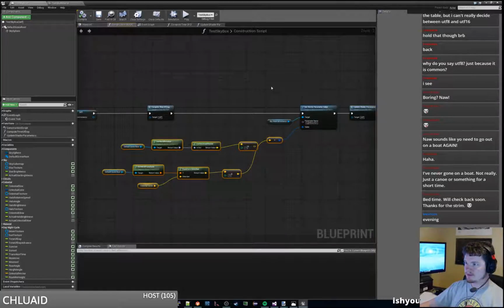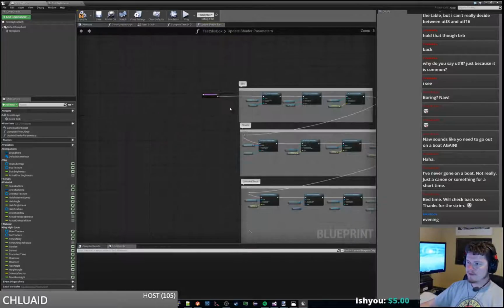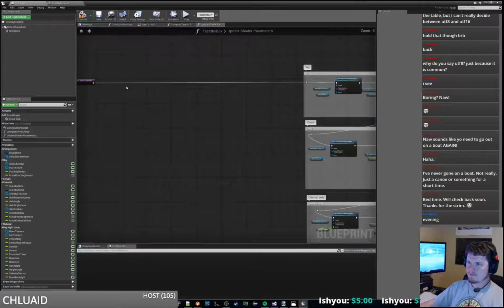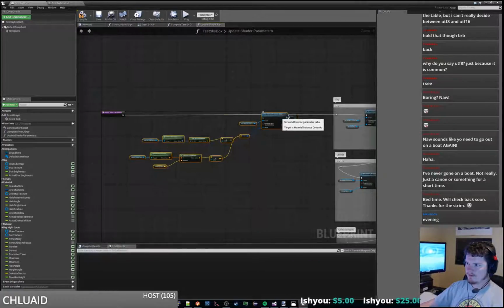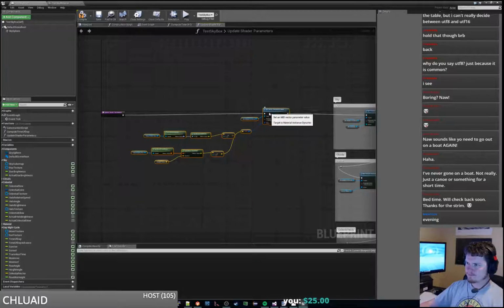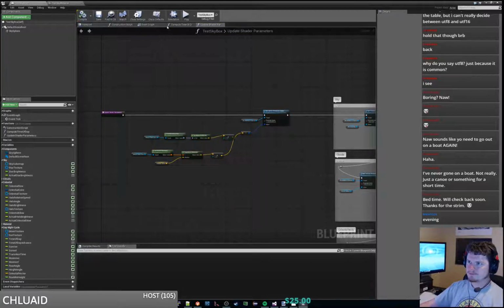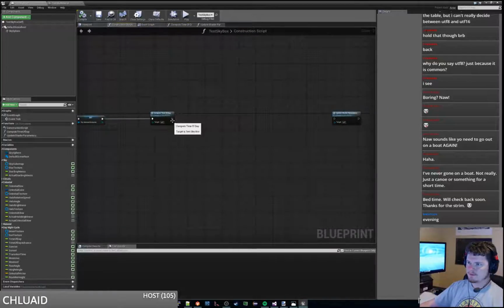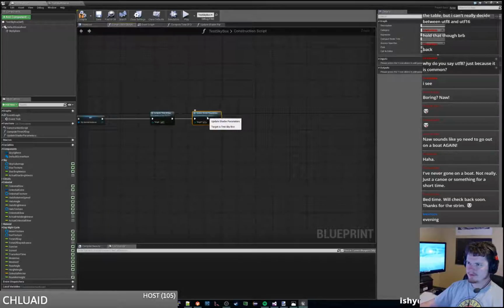I guess we also need this right in here as part of it. So let's do so. Alright, so compute time of day and update shader parameters.